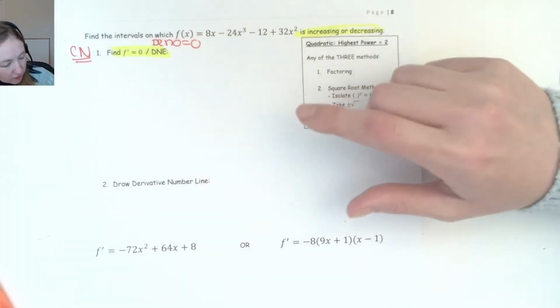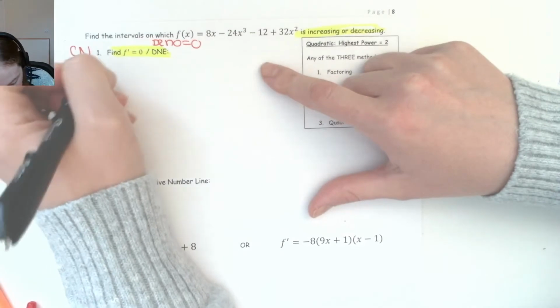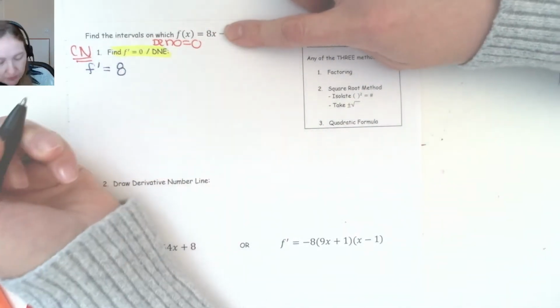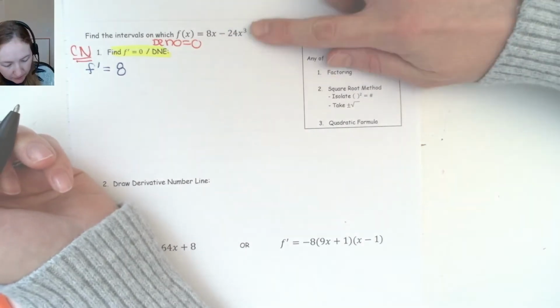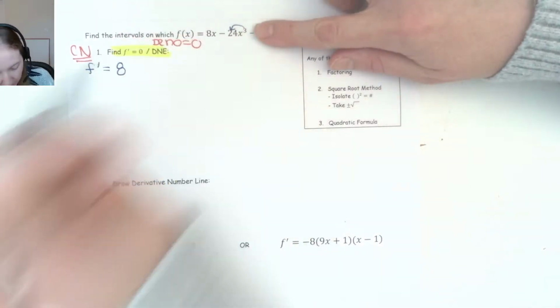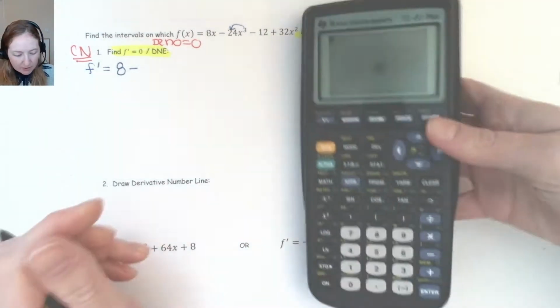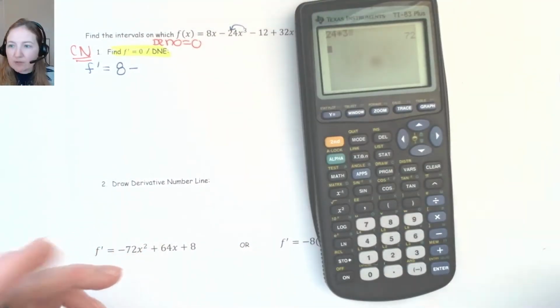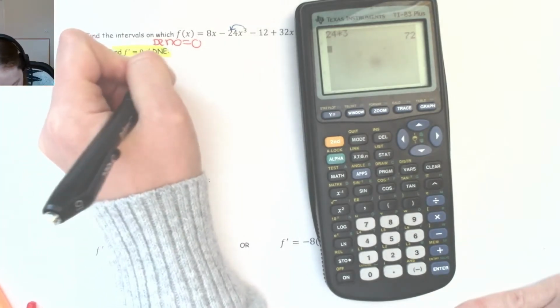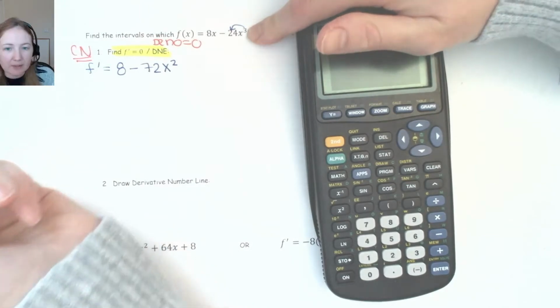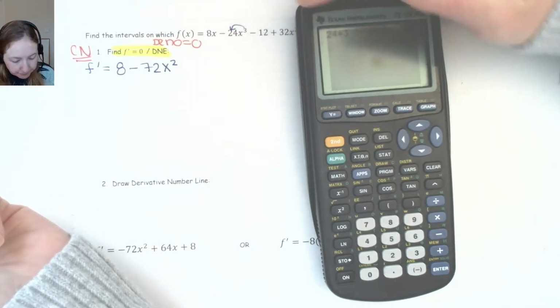condition. So taking the derivative, we will have our 8x is a linear term, so that just goes to the coefficient of 8. The minus 24x cubed, we will simply take 24 times 3. So again, take 24 times 3 to get negative 72x, and then subtract 1 from the exponent to get a squared.